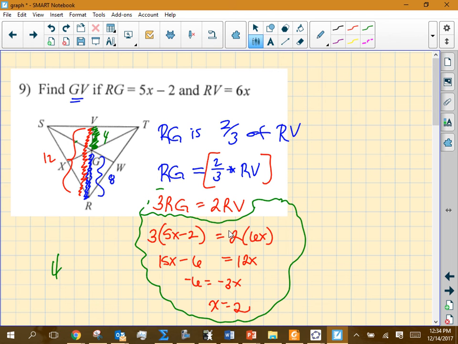Well, if you do that, that's fine, but that's only checking your algebra. So if you set up, instead of 3 RGs equals 2 RVs, maybe you said 5 RGs equals 13 RVs, and you can go through the algebra and solve that, and you plug things back into your equation, you're fine. You see that your algebra for your equation is correct.